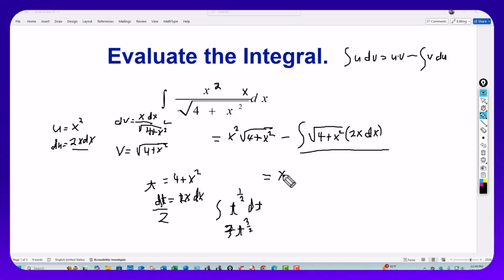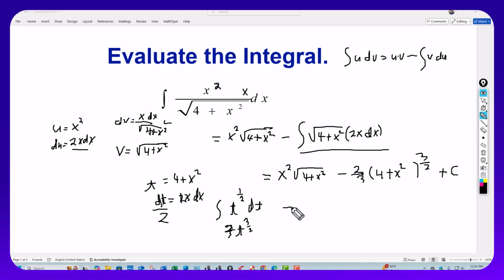So let's fill it in here. x squared times the square root of 4 plus x squared. That's the first part of the answer. And then this integral here will be a minus then 2/3 t to the 3/2. But remember, t is 4 plus x squared. This would be 4 plus x squared to the 3/2 power. And we have the constant of integration. And this is pretty much your answer.